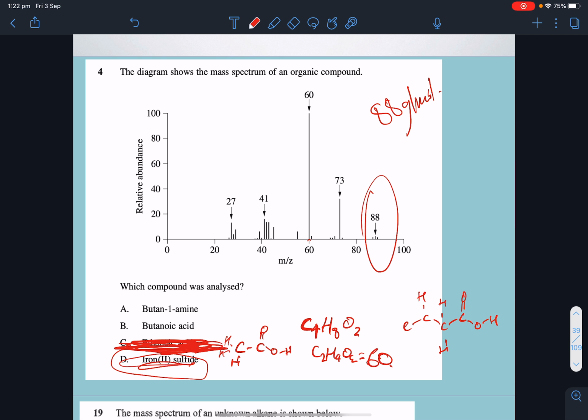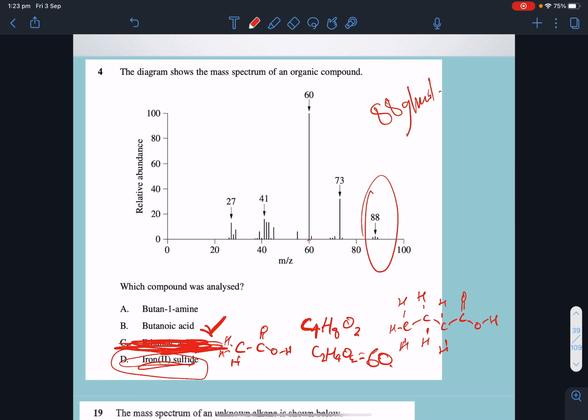Okay, there's our butanoic acid. Let's check how well I've done. C4H3, 4, 5, 6, 7, 8, and O2. Good, I did get it right, but check yourself. Don't try to take shortcuts. You'll make a mistake. 4 times 12 plus 8 plus 2 times 16 is 88.